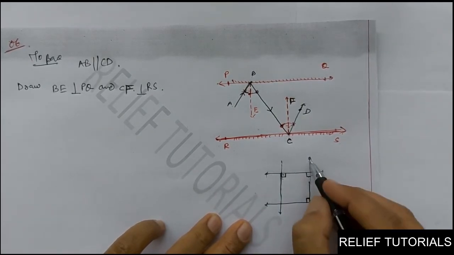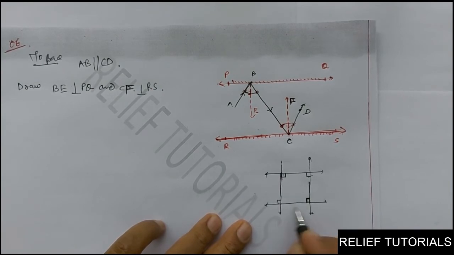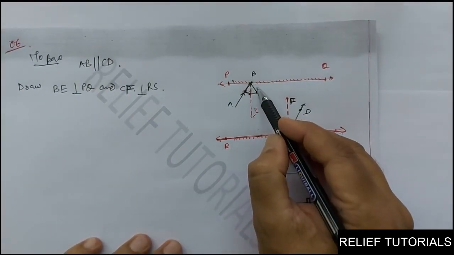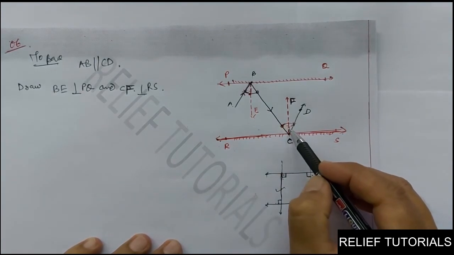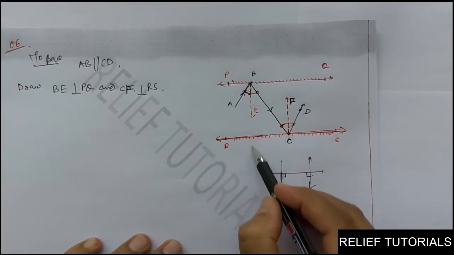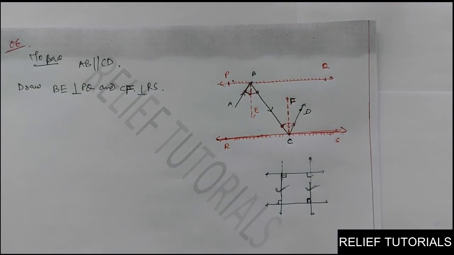So these are the two lines. I have drawn one perpendicular here, one perpendicular here. See, these two angles are equal. So they are what? Corresponding angles. So these lines will be parallel lines.